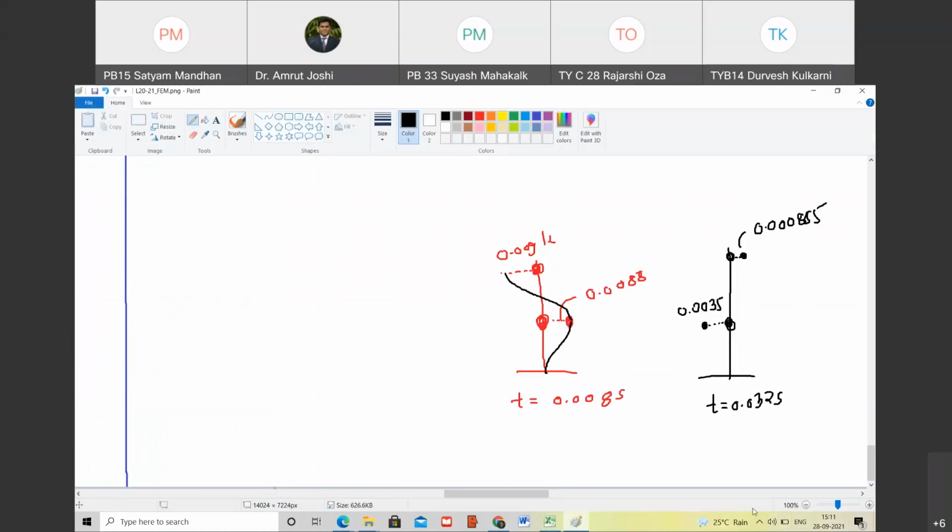Okay, I will have to put it. Okay. So how does the deformed shape look like? The deformed shape now is going to look something like this.